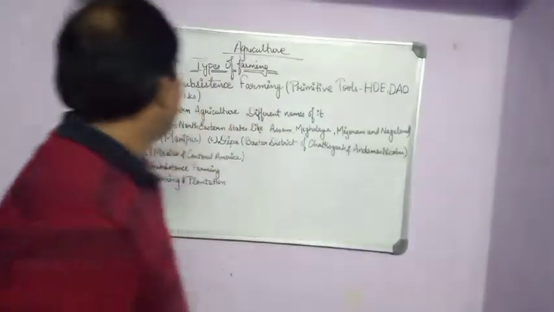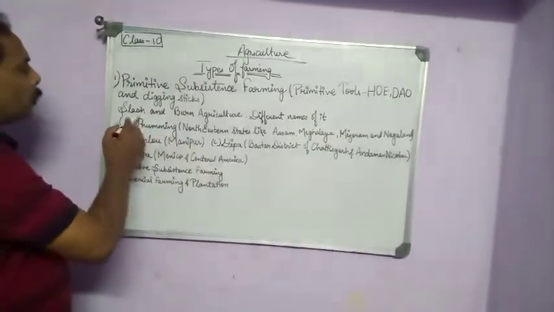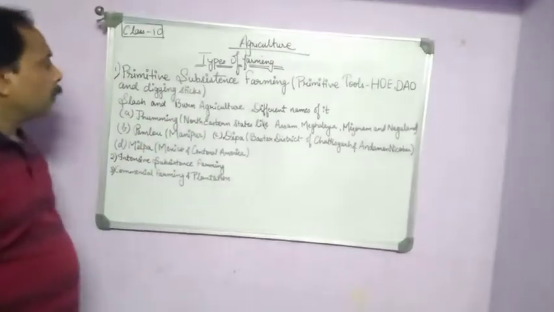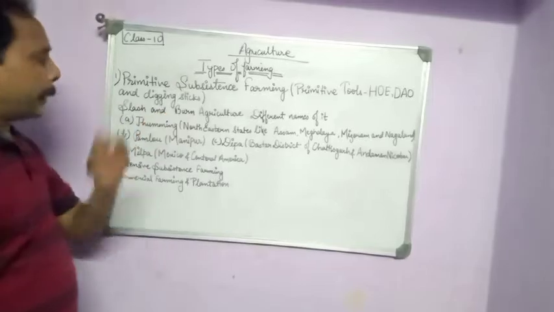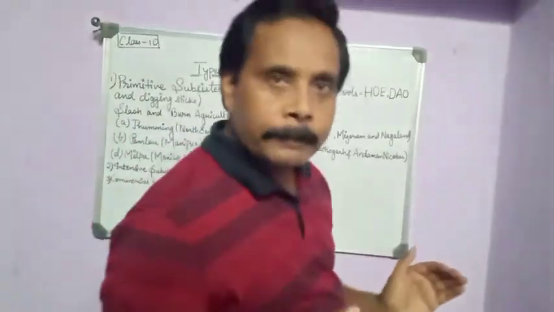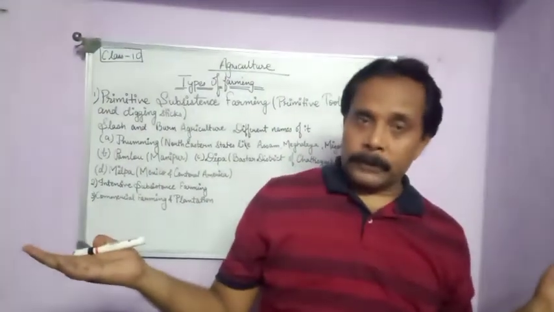Okay. Now, primitive subsistence farming is also known as slash and burn agriculture. So what is slash and burn? In ancient time, the population was less and our area was very vast.